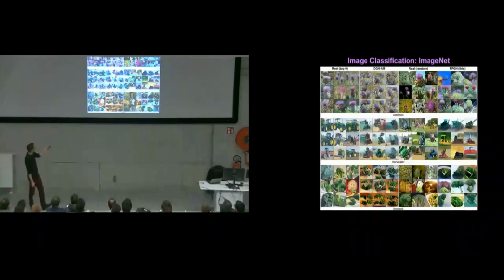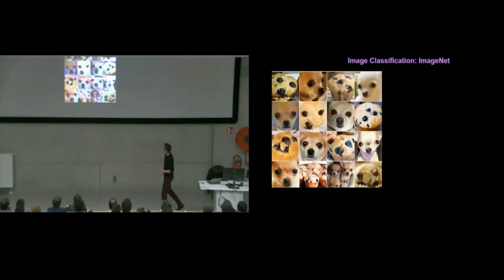I don't know if you can even tell the difference between some of these tractors if you're sitting in the back. Maybe you can tell that this broccoli looks really not edible. But it's kind of amazing that you can now generate images. That's pretty cool. Okay, but it's not perfect.